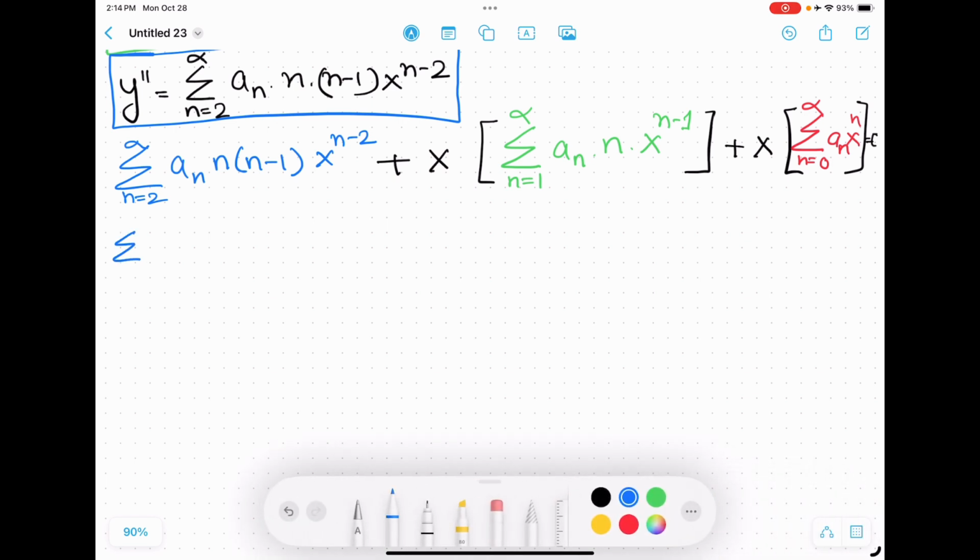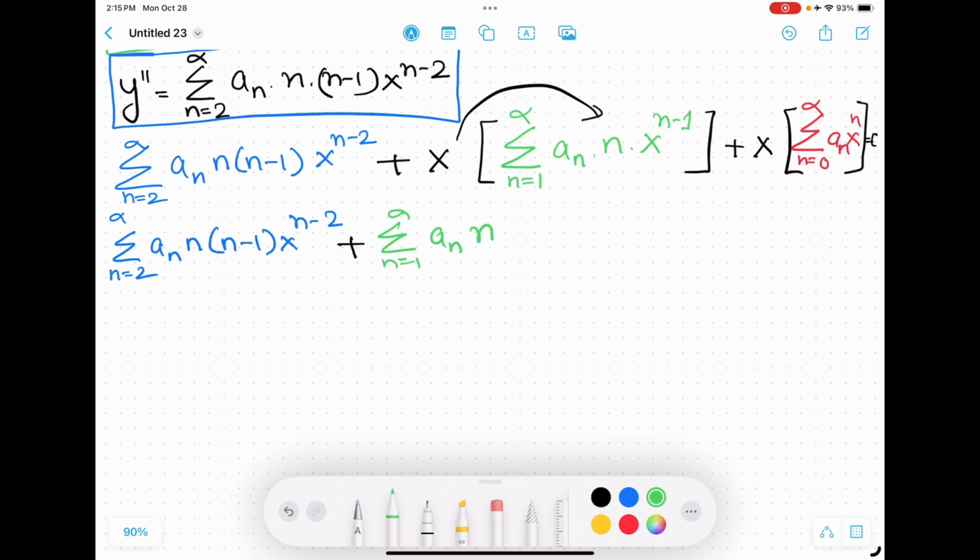Right, so let's now distribute our x to their respective power series. So I have the summation of a sub n times n minus 1 x to the power n minus 2. Then we have our plus. Now it gets distributed, so I have from n equals 1 to infinity a sub n times n times x to the power n.